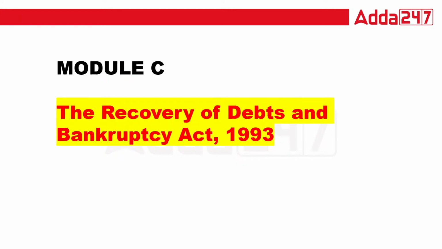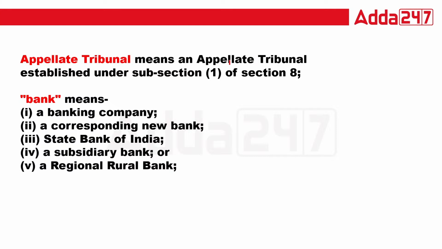Now Module C, Recovery of Debts and Bankruptcy Act 1993, in which we basically study the DRT and DRAT. What is the appellate tribunal? The appellate tribunal is DRAT, but that is not given. What is a bank? It is a banking company, corresponding new bank, State Bank of India, subsidiary bank, RRB bank.